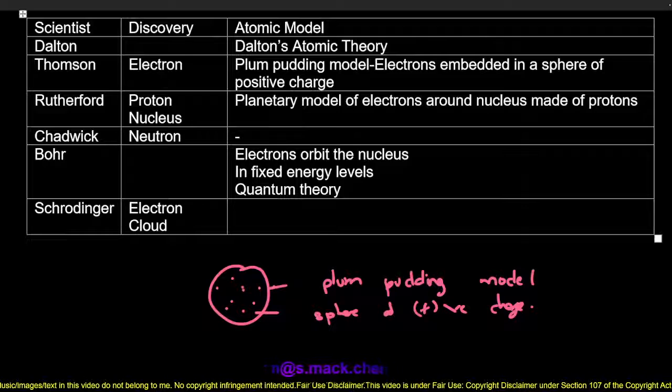Last but not least, I will also mention Schrödinger, where in his experiments he was able to show that the electron was not just a particle, that an electron could also be considered to be a wave, where we can now consider an electron not just as a specific point in space, but we can consider it to exist in a volume of space where we can state the position of an electron as a probability.